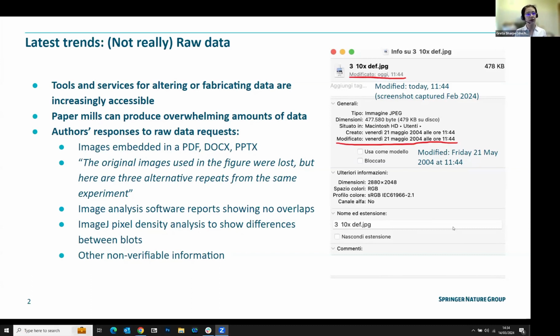But if you look at the modification dates that I have translated into English, one of them says it was modified Friday, 21st of May, 2004 at 11:44. But the one at the top gives away that according to that computer, today is Friday, 21st of May, 2004, but the screenshot was captured in 2024. So not great.